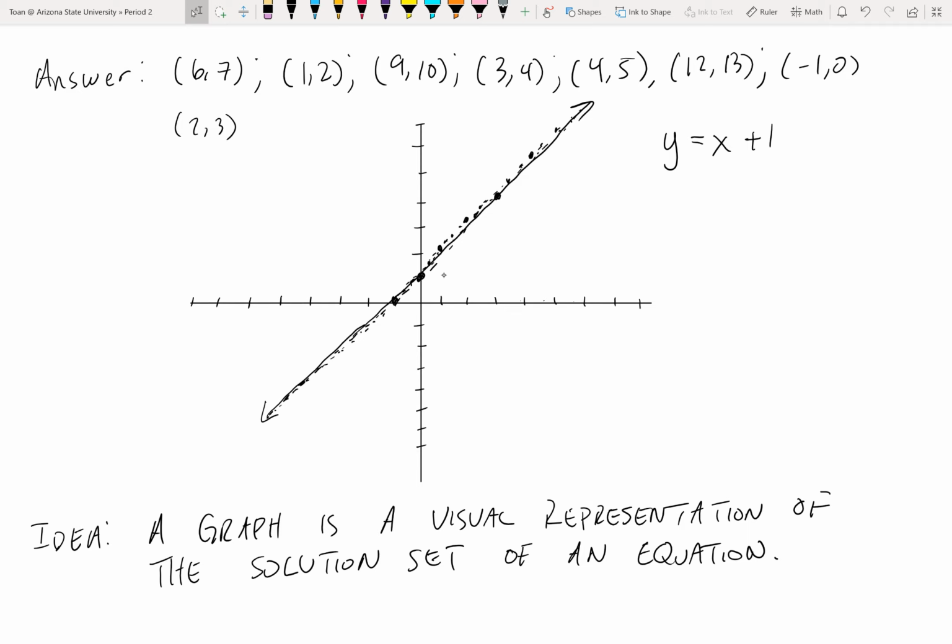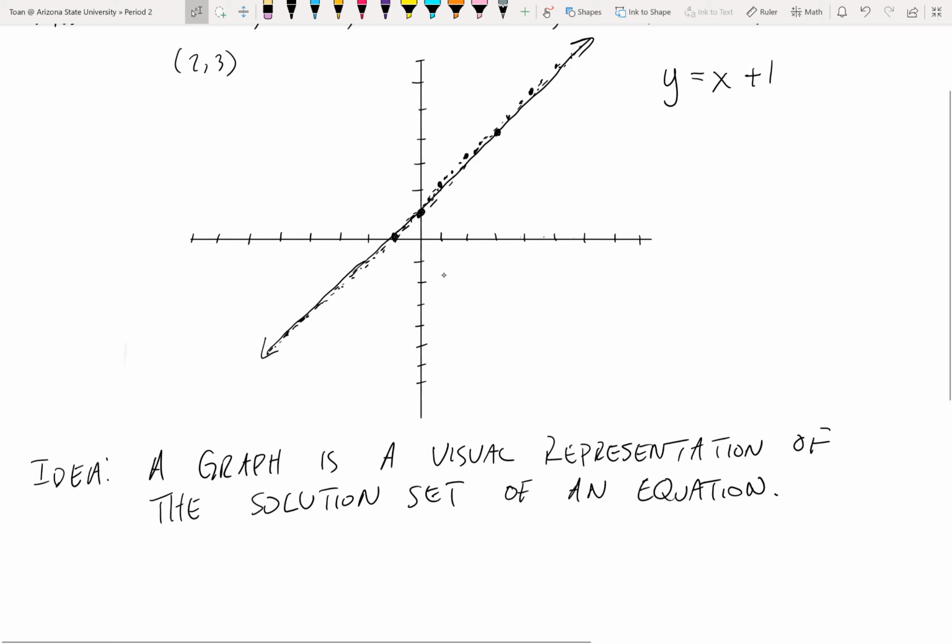You could tell me, hey, Mr. Vo, (1, 2) is an answer. That is true. (3, 4) is an answer. That is true. And if, for whatever reason, maybe I'm being mean that day and I'm going, I don't believe you, right? Prove it to me. Well, the way you prove something is an answer, just plug it in, right?